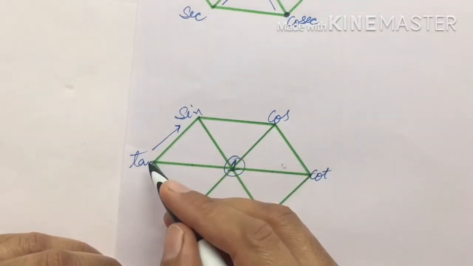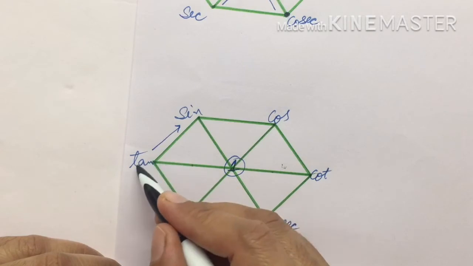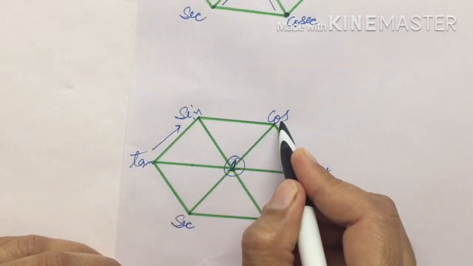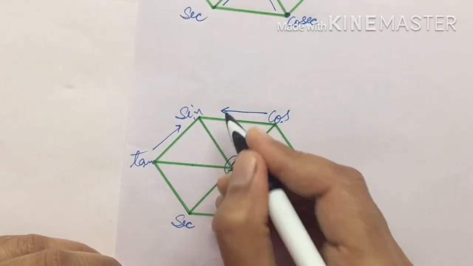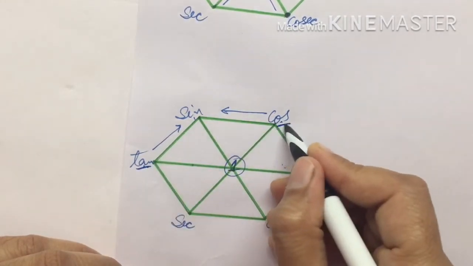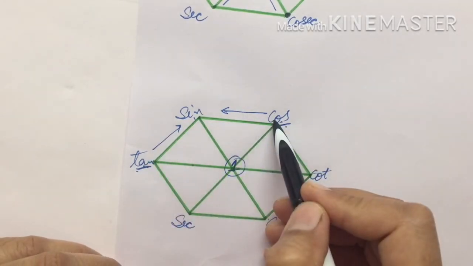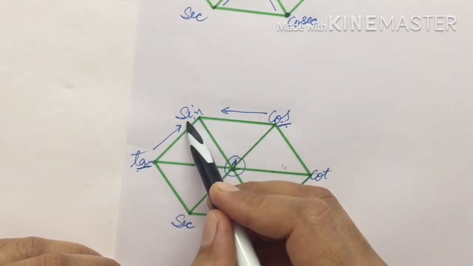I am starting from tangent, this is the second and this is the third function. If I take tan and cos, this is the first, this is the third. If I multiply these two, then I will get the center one.